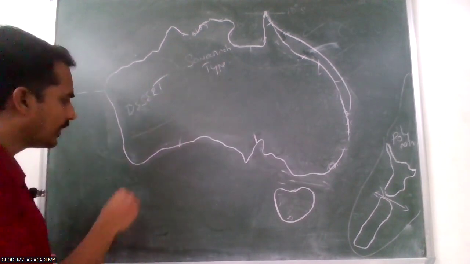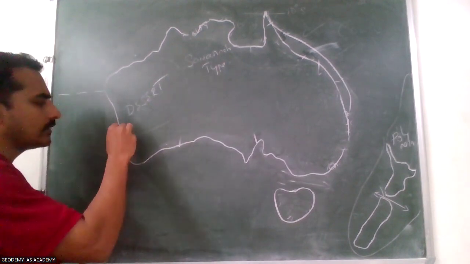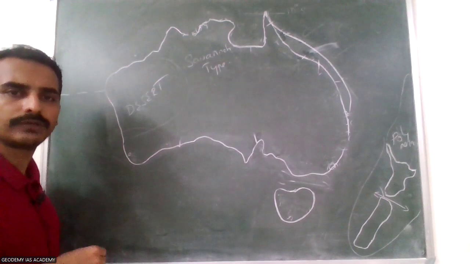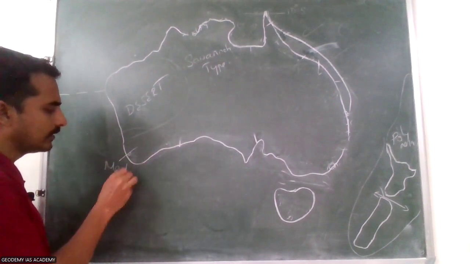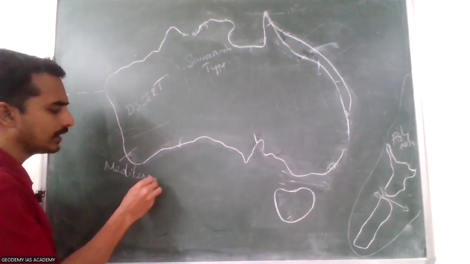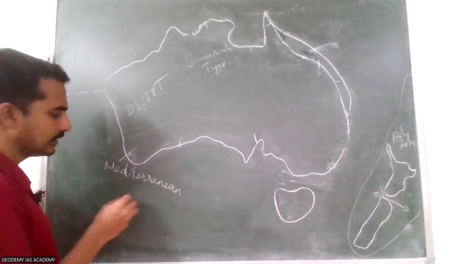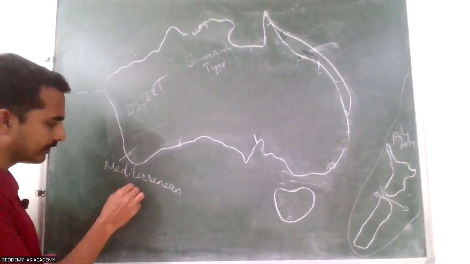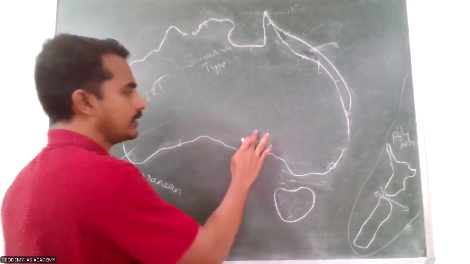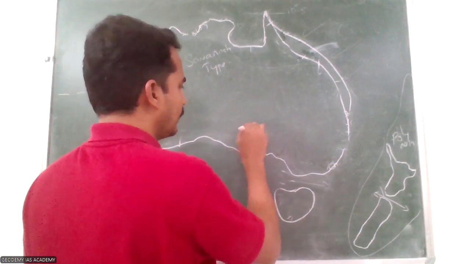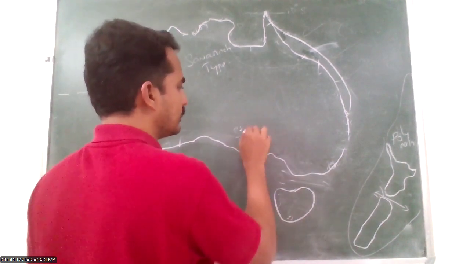The southwestern part, Perth city, will have the Mediterranean type climate, with dry summer and wet winter. And then here the steppe type grasslands.